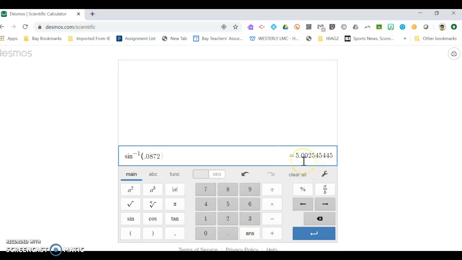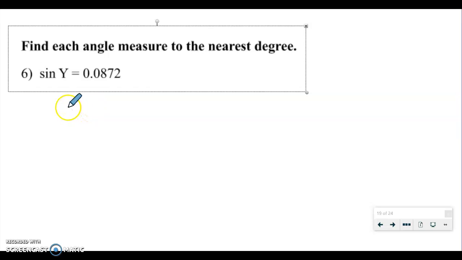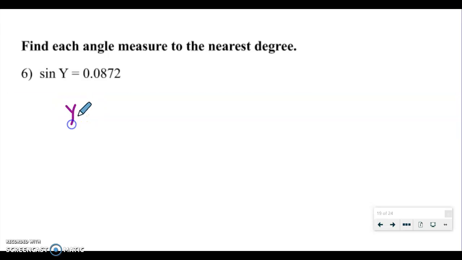And what we find is 5. Okay? So an easy way to check this now is if I just press the sine of 5, I get the exact same value that we were looking for. So we can say that angle Y is 5 degrees.